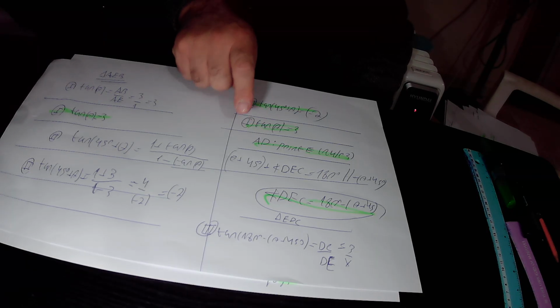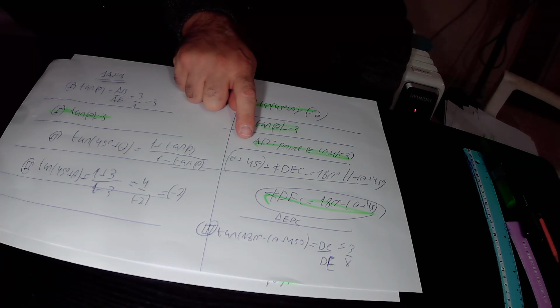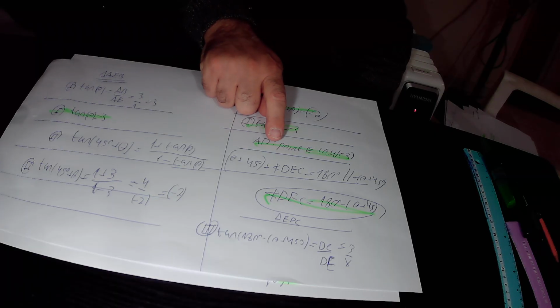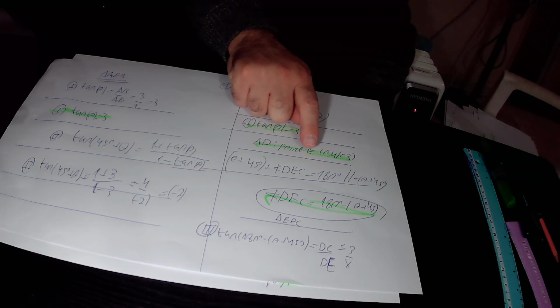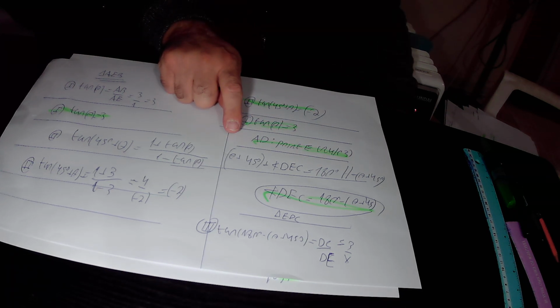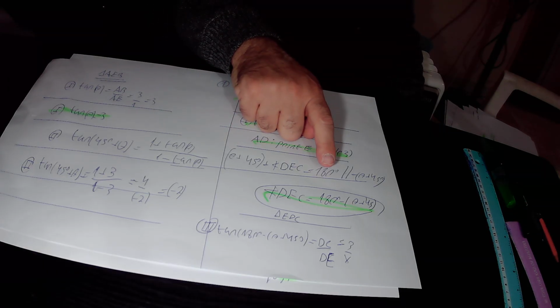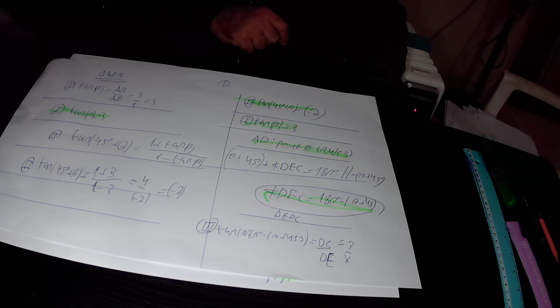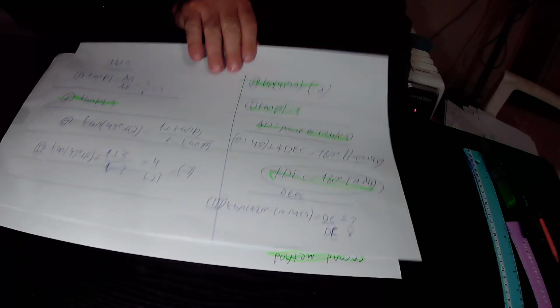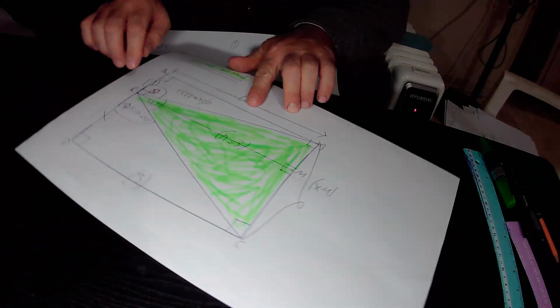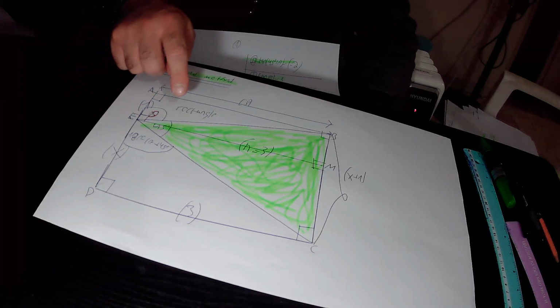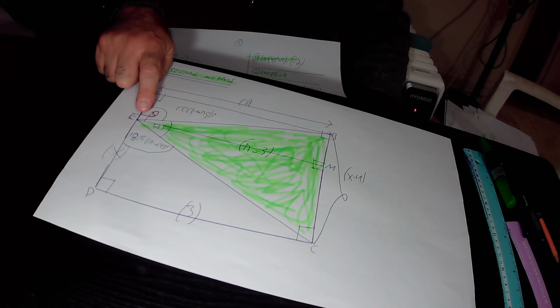We have angle theta plus 45 degrees plus the third missing angle DEC. In total they must equal 180 degrees according to rule 3. Here we subtract theta plus 45 degrees from this equation, and we find that the missing angle DEC equals 180 degrees minus theta plus 45 degrees.